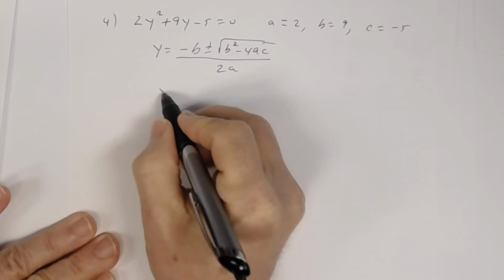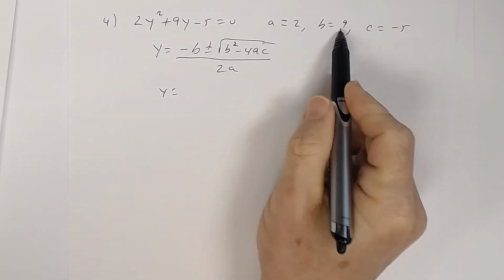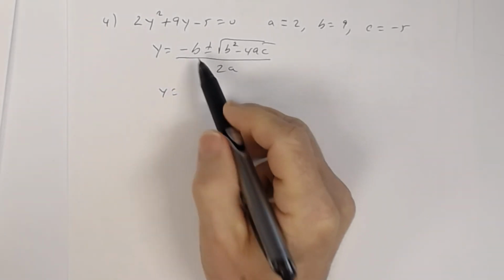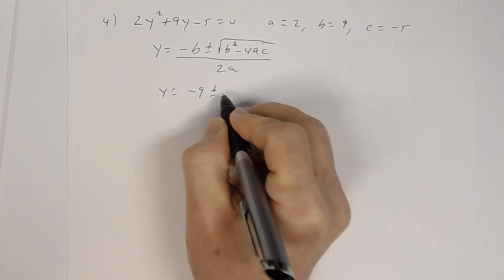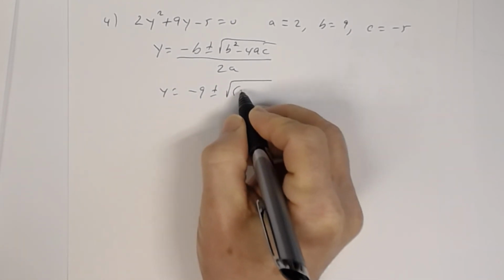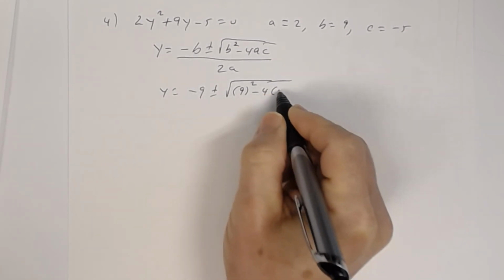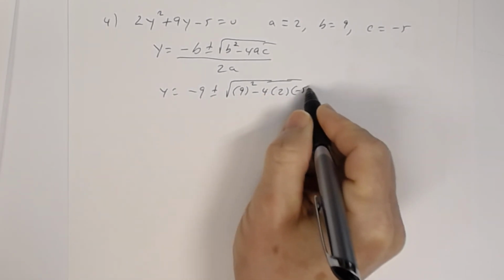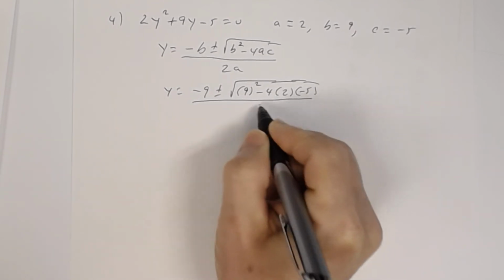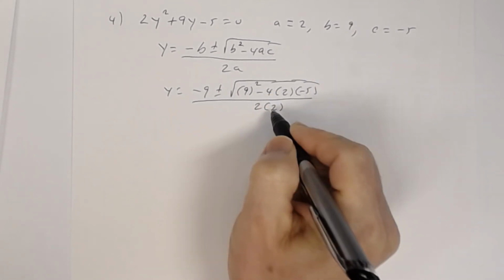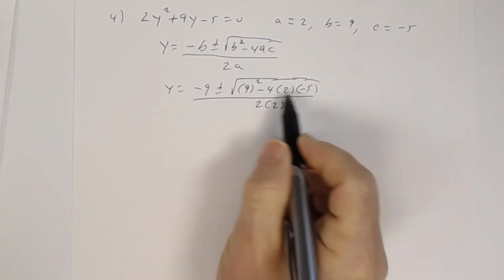All right, so we get y equals, so if b is 9, then the opposite of 9 is a negative 9, plus or minus the square root of b, which is 9, squared, minus 4 times a, which is 2, times c, which is negative 5, all divided by 2 times a, and a is 2. So let's simplify the radicand.